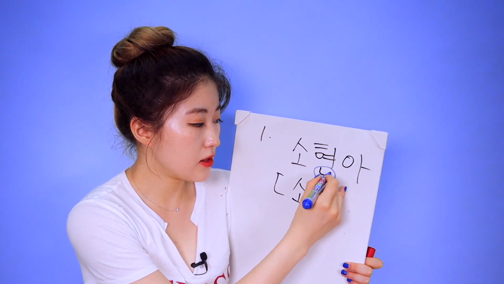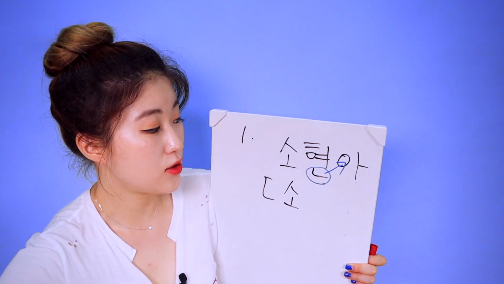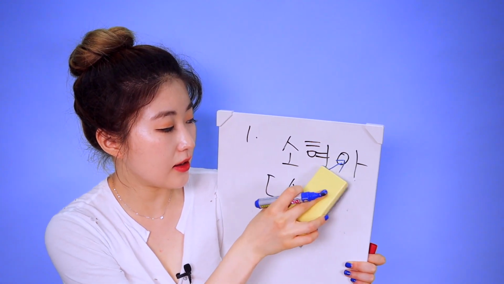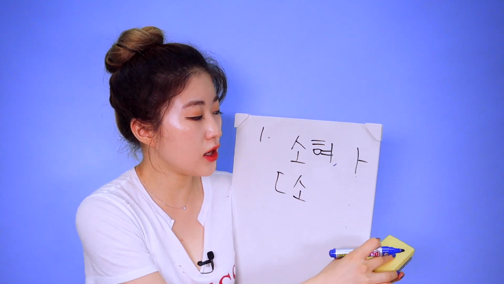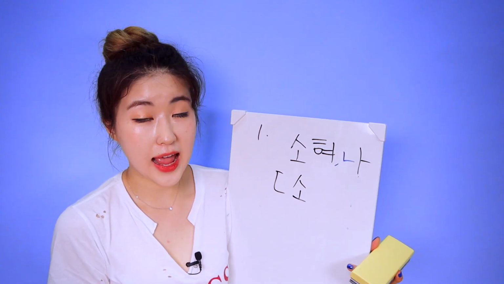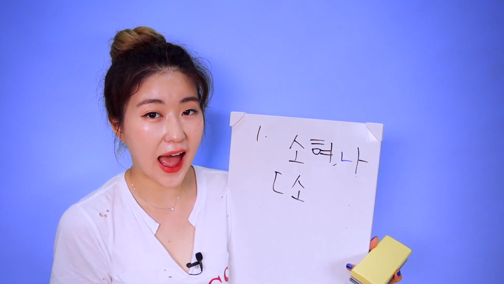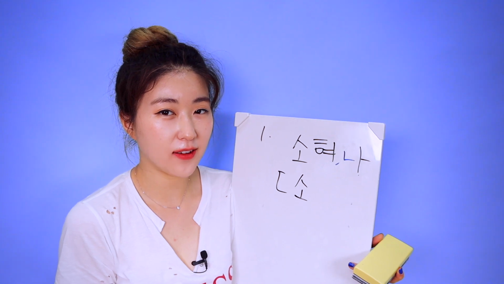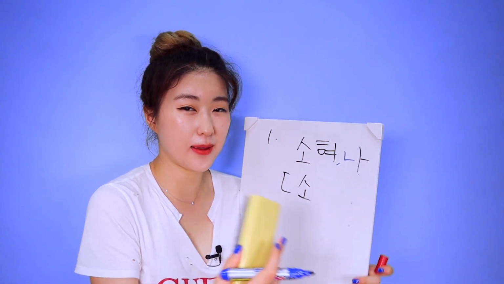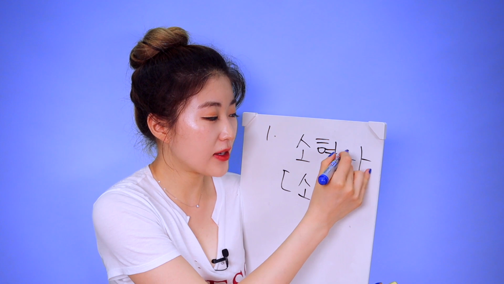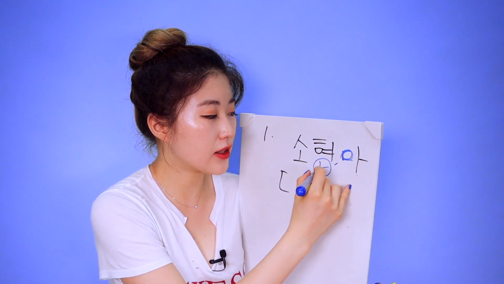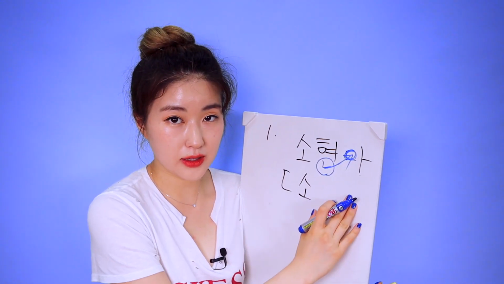Then you move this to here, so you erase that n, but you put it over here, and you pronounce it as 소현아. 소현아. Okay? That is the basic rule. When there is no sound value here, you move the consonant here when you pronounce it.